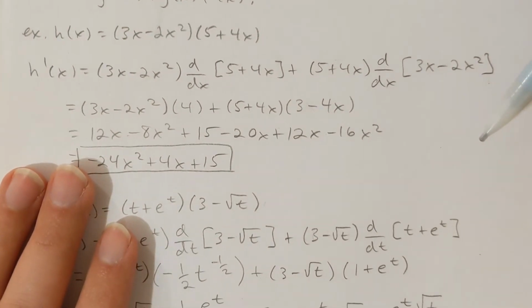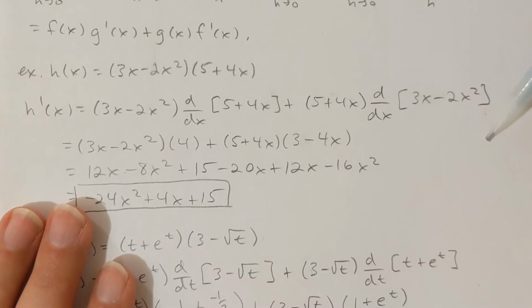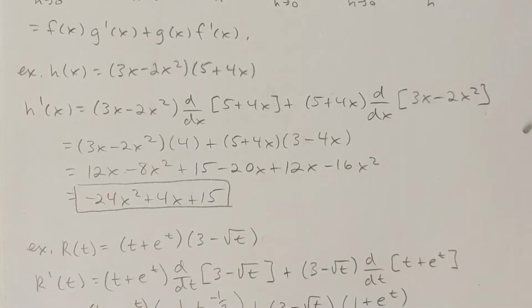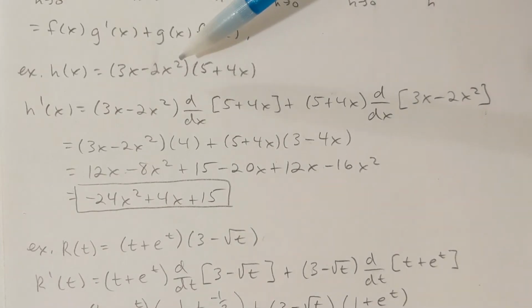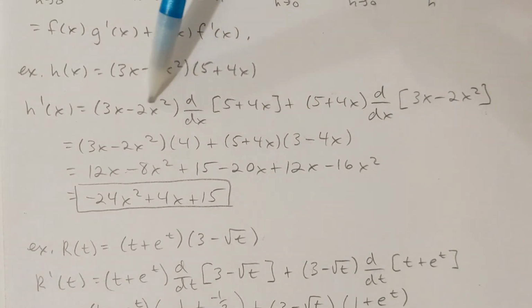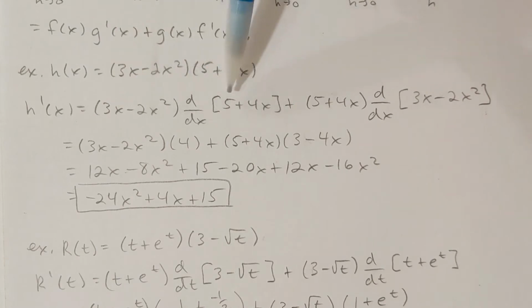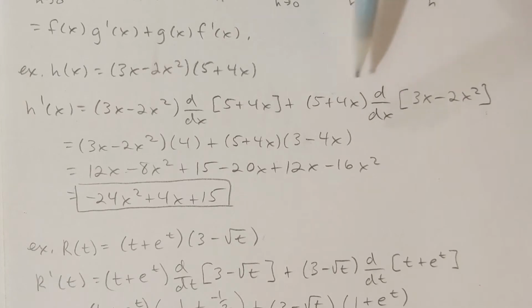All right, so let's take a look at some examples now where we're using the product rule. Here's an example. Suppose that we want to differentiate h of x. So h of x is a product, right? I'm multiplying these two expressions, and so I can use the product rule. Well, I'm going to want the first times the derivative of the second plus the second times the derivative of the first.